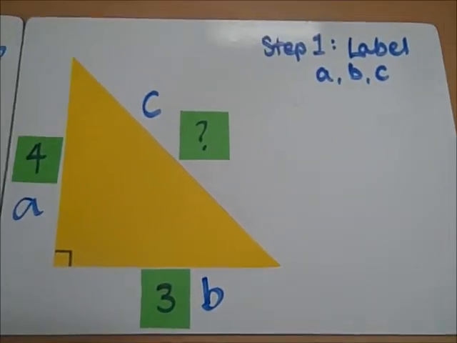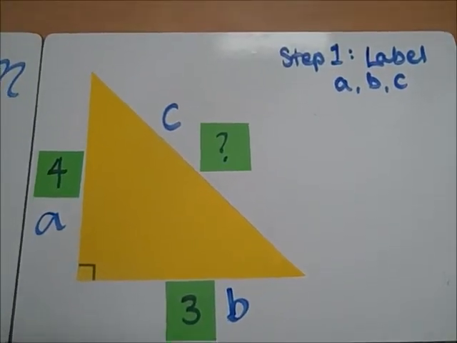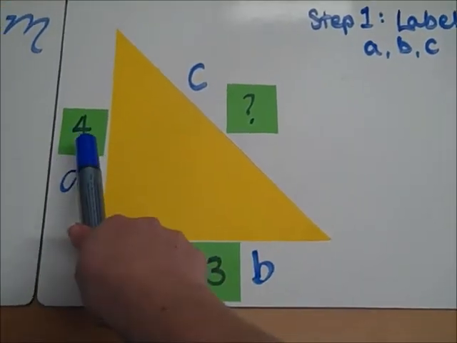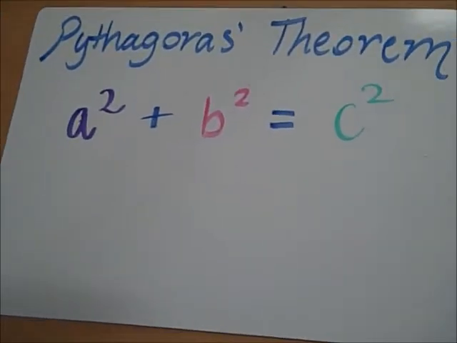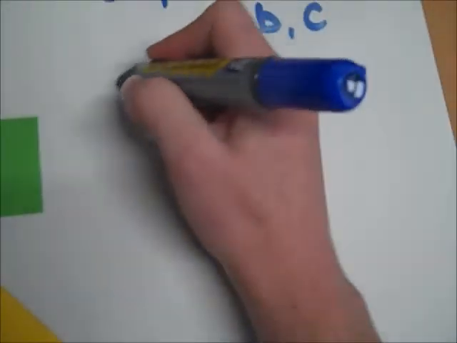Our second step in applying Pythagoras' theorem is to substitute the values for A, B and C into our equation. Let's record that step.